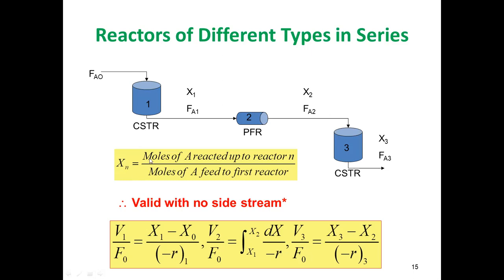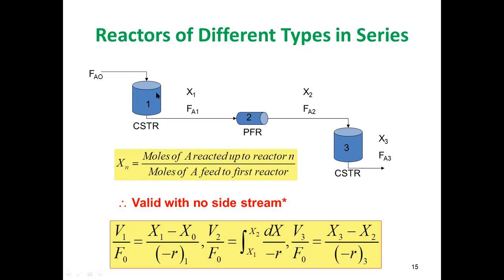So this would be the moles of A reacted up to reactor N over moles of A fed to the first reactor. So the number of moles of A originally processed by your first reactor is compared to the number of moles of A reacted up to reactor N. So this particular expression is valid with no side stream.